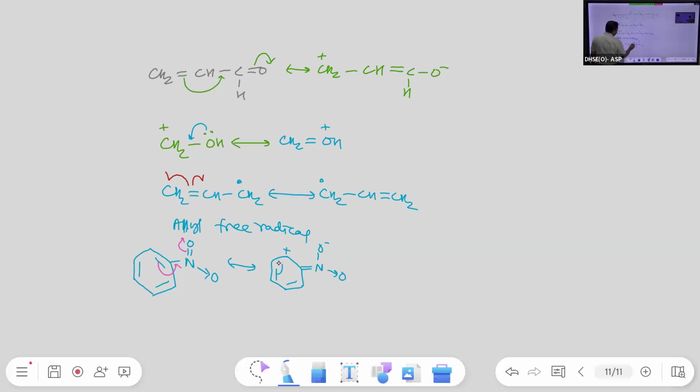Again, positive charge in conjugation with pi bond. You can continue the structures.